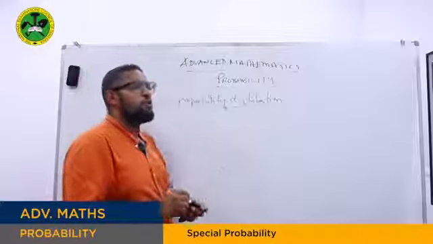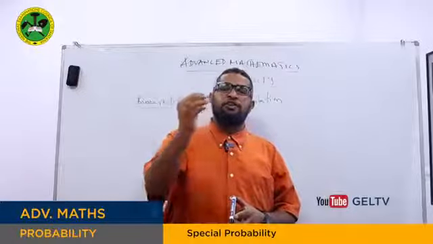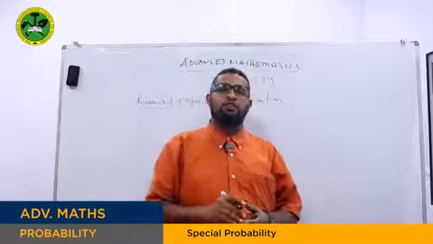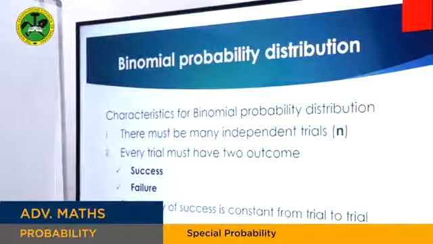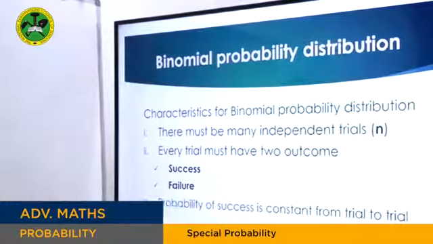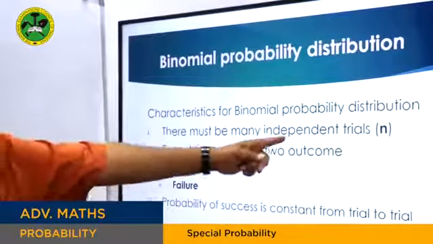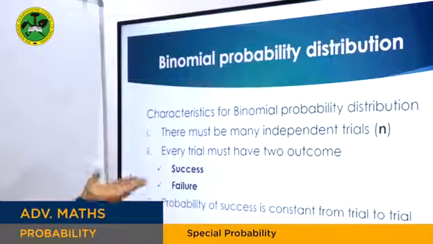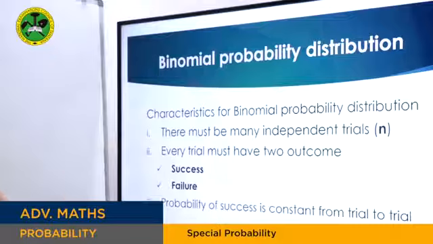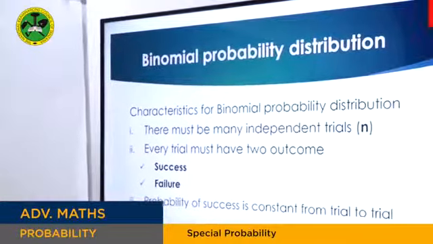In binomial probability distribution, we have some characteristics that you need to understand or remember. I'm sure you have gone through them in normal classes. Binomial probability distribution has three characteristics. Number one, there must be many independent trials. What do we mean by many independent trials? The number of trials, or when you are doing an experiment, they are supposed to be many.